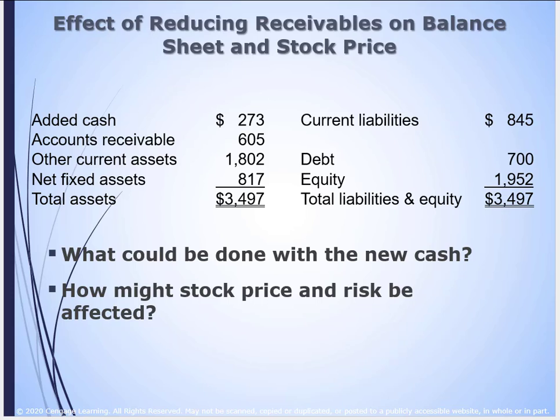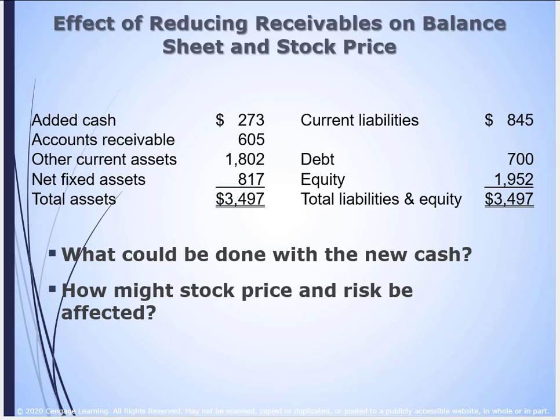How would that affect the stock price? Well, all of those things would be reducing some form of burden, either reducing the risk of the company or reducing some of the debt of the company. We would think that would have a positive influence on the stock price. It should be reflected in a lower risk for the company in general.